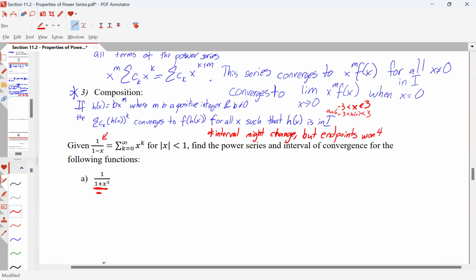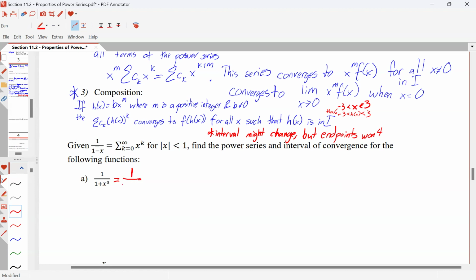Well, we're going to use the function we already know. Basically, I want to make 1 over 1 minus x be the structure around this 1 over 1 plus x cubed. Making 1 over 1 plus x cubed look like 1 over 1 minus.